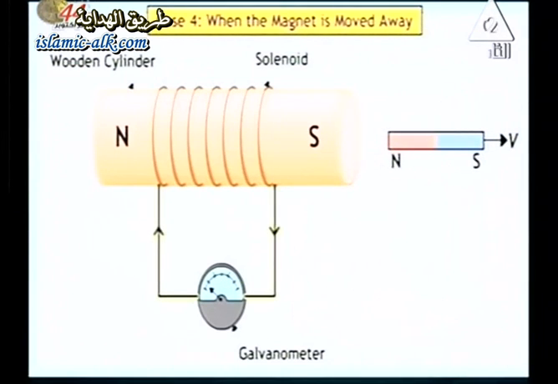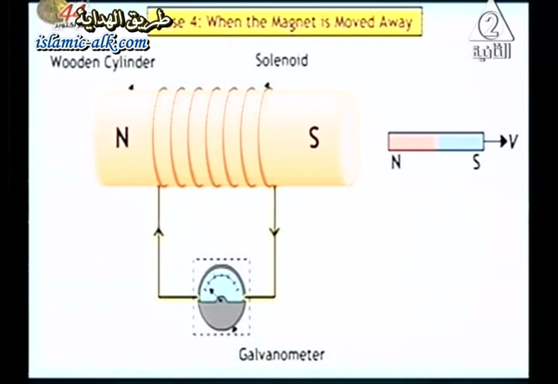When the north pole is pulled away from the coil, the direction of the induced current is reversed to produce a south pole at the end of the coil facing the north pole of the magnet, to oppose the removal of the magnet.